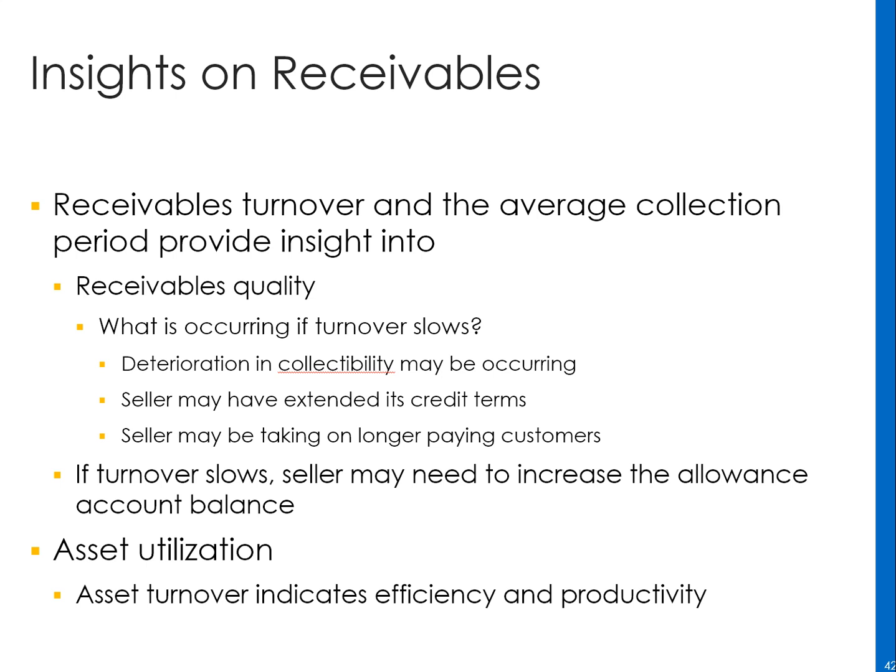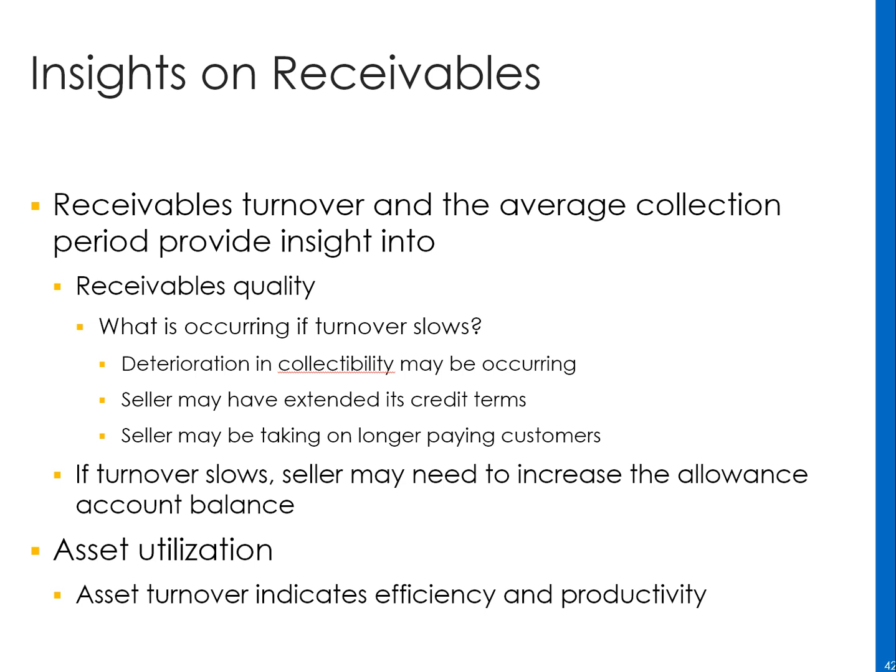From those ratios, we can ask many questions and get insight into the company's receivable quality. For example, if we observe the turnover is lower, we're going to investigate what happened, why turnover is low. It's possible that the collectability may have deteriorated.